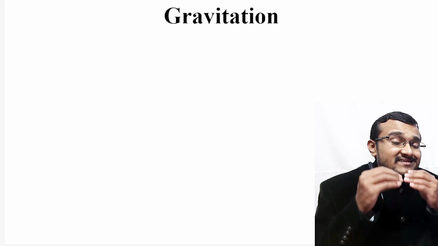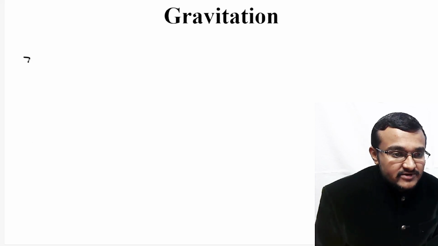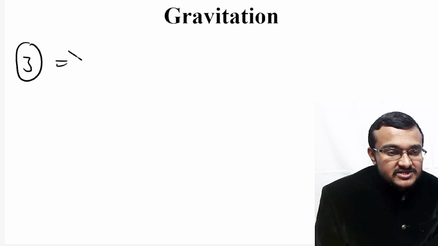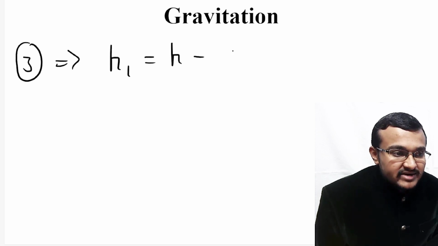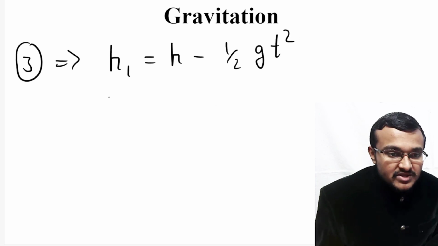In order to calculate at what position they both are meeting, we can consider the third equation. So what was the third equation? The third equation was h1 is equal to h minus half gt square. Now we are calculating what is h1.